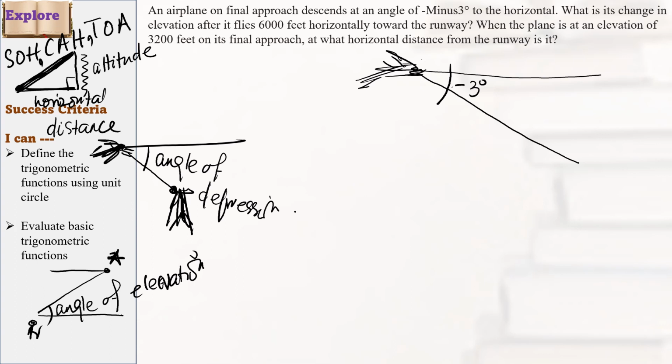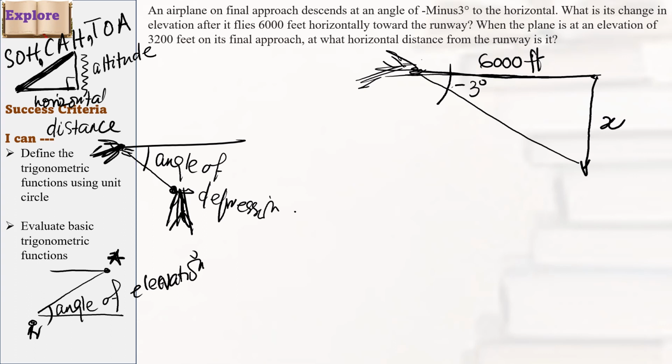What is its change in the elevation after it flies 6,000 feet horizontally? I just told you that horizontal distance means the straight distance. Now you have to see how much the change in elevation takes place, which means how much the vertical height has changed.